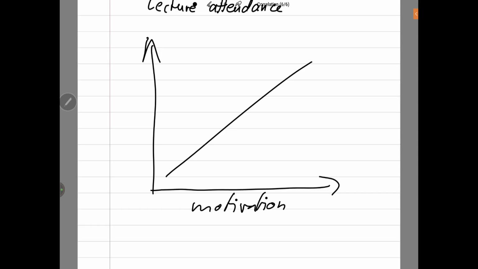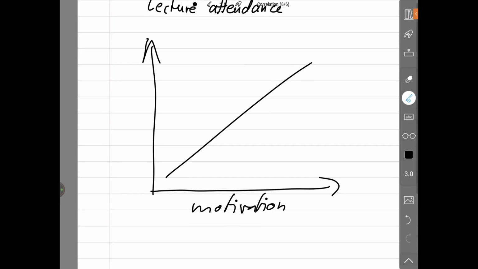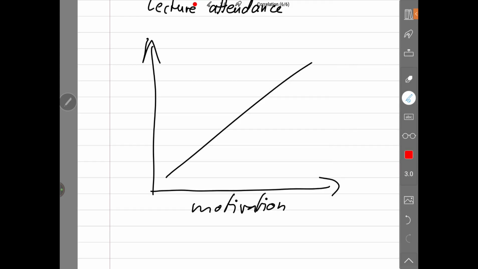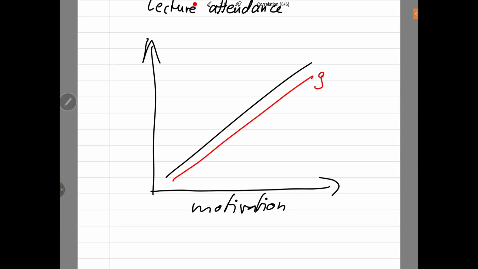So there's a positive correlation between motivation and lecture attendance. A highly motivated student will also do all the extra reading, will do the exercises, etc., etc., will learn very effectively. So that will be great.